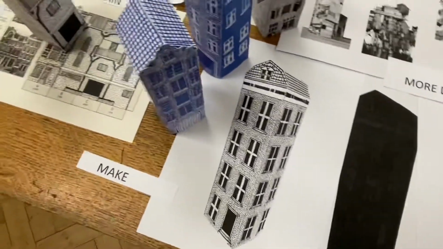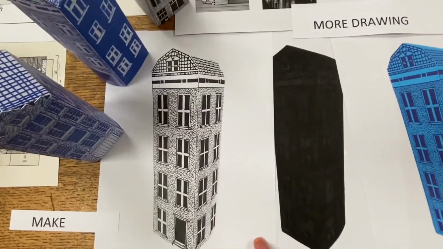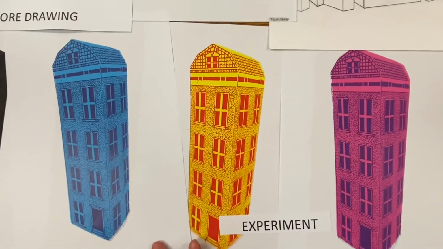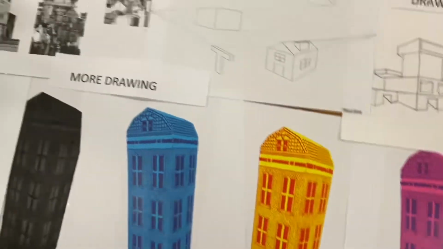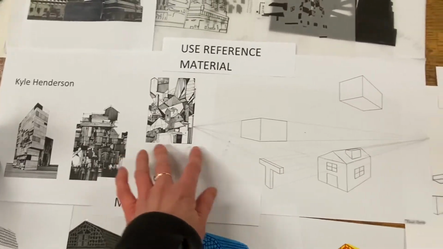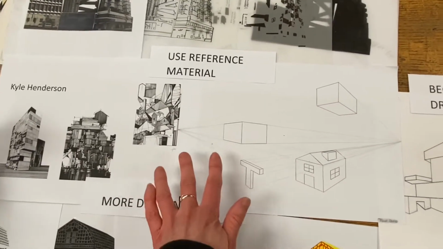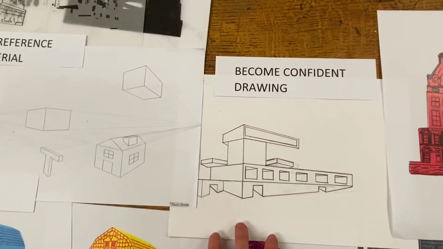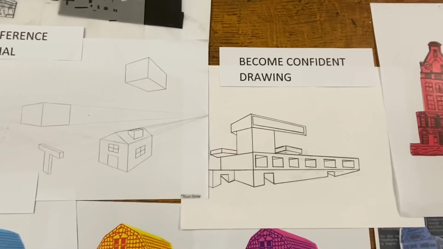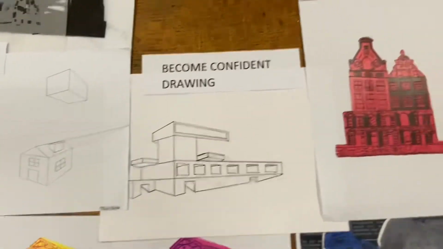These photographs of the 3D models have been done in a similar way, where they've been separated and hand-coloured to develop this colourway exploration. We look at artist references along the way, and these change all the time based on what they're doing. So this artist has led on to some perspective exercise, and I've just found this in a pupil's drawer. It's unresolved, but you can see the development to more complex design going on.